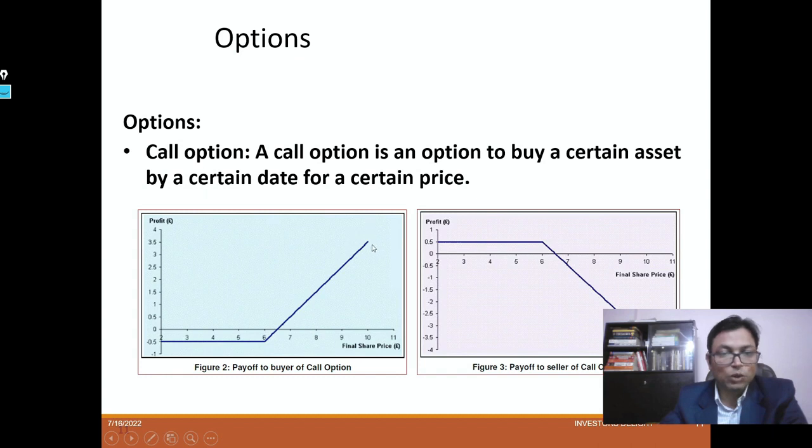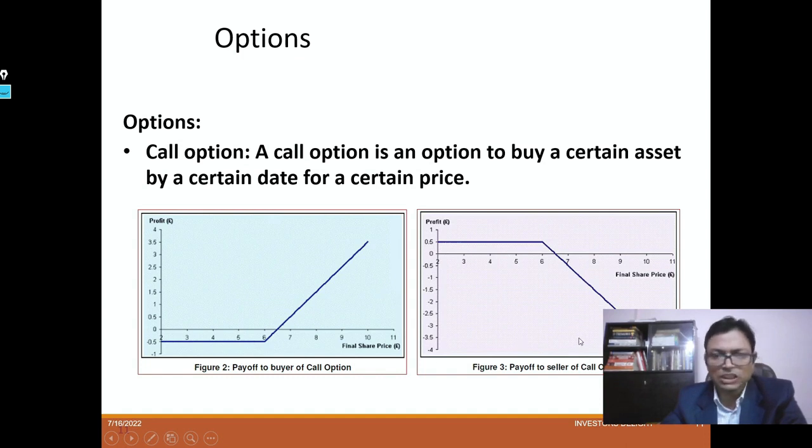It can give you unlimited profit potential with little risk premium that you see here, because the risk premium is a line parallel to the x-axis. And once you go beyond break even, you have unlimited profit potential. So this is the benefit of a call option.